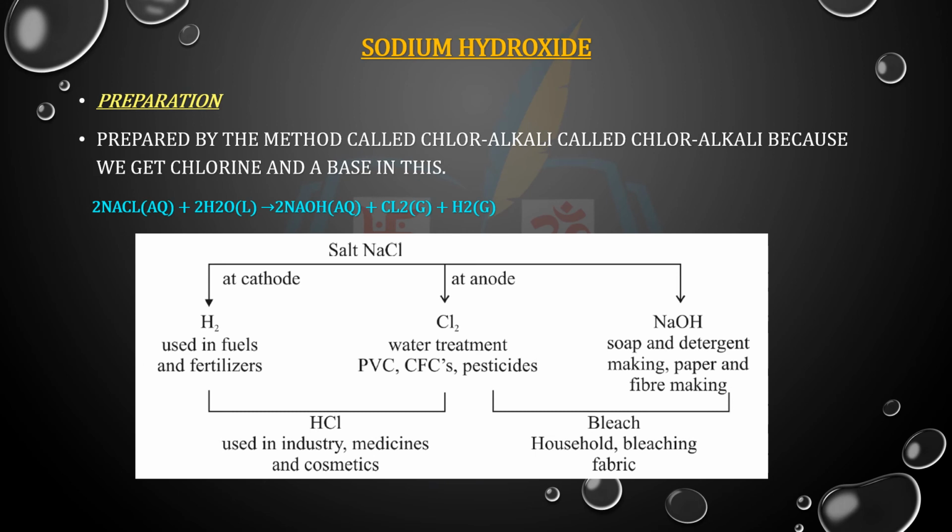Cl2 is used for water treatment, PVC and CFC, pesticides, and NaOH for soap and detergent making, paper and fiber making. And HCl is used in industry, medicine and cosmetics. These are used in bleach, household bleaching, fiber.